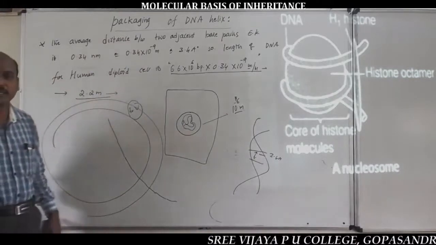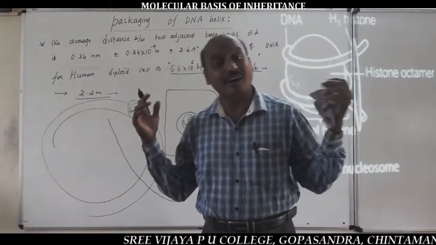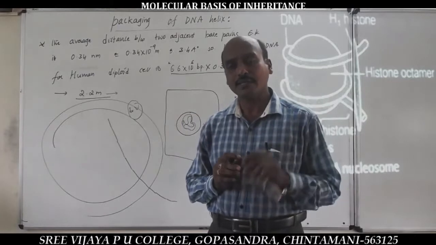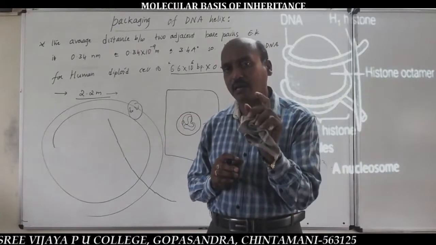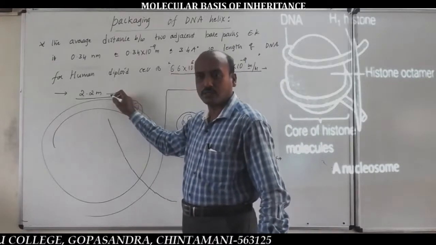We have to imagine how much DNA gets accommodated in all diploid cells of the human body, because each diploid cell's DNA length is 2.2 meters.